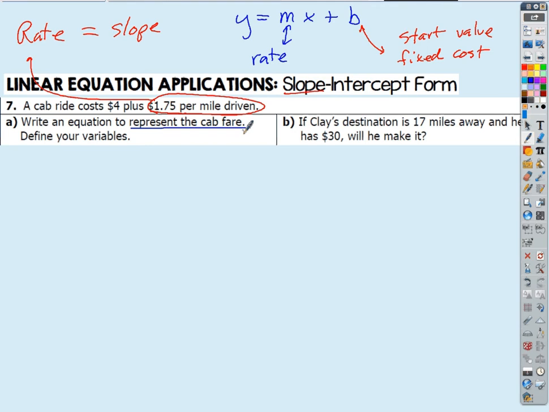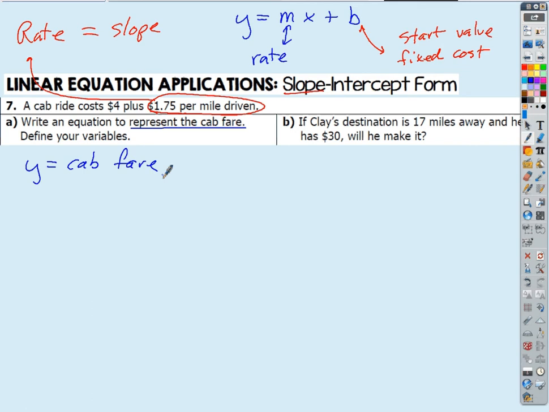Well, what variable do we want to assign to cab fare? You can just call it y if you want to, that's fine. So we can say y equals cab fare. Or we could call it c or f or something crazy like that if we want. It doesn't matter, we can change the variables, no big deal. And that's going to be the output variable because that's what we're representing with the equation. What's the input got to be? 1.75. Yeah, but what is the thing that we're going to be inputting into the function? Like we could call it x if we wanted, right?